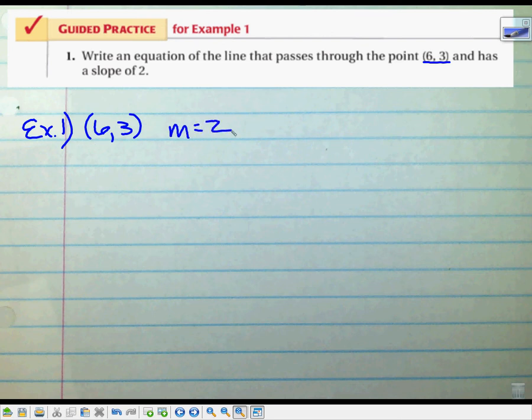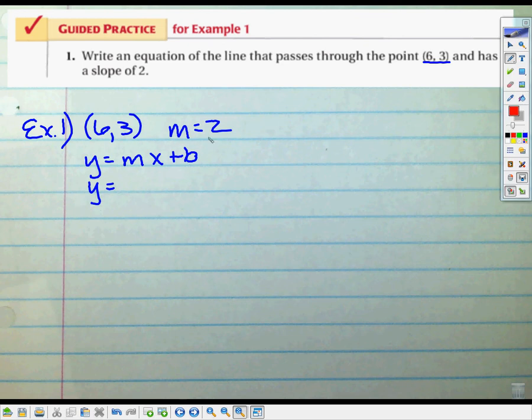Working with slope-intercept form, it's y equals mx plus b. We're going to take the slope of 2 and put that in for m right there, and that's going to give us y equals 2x plus b.